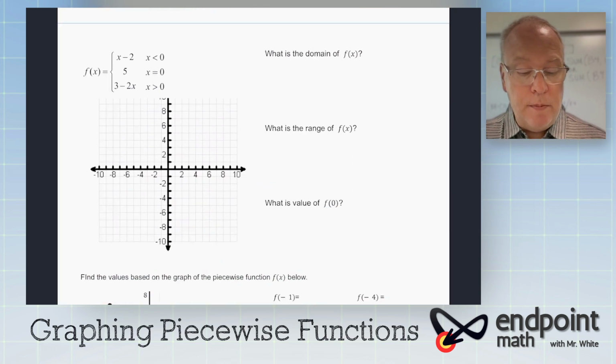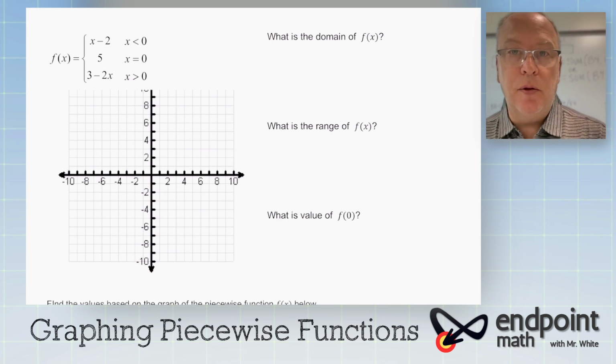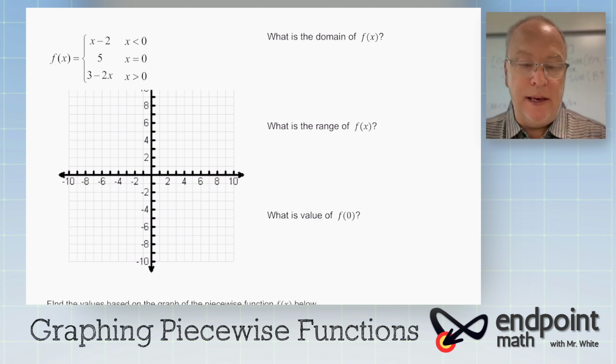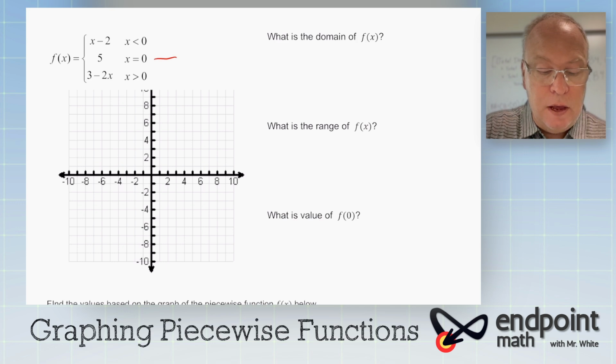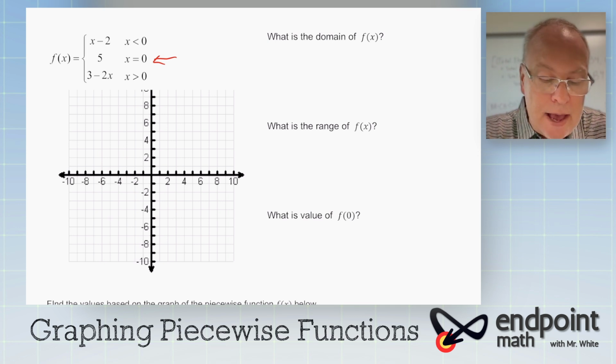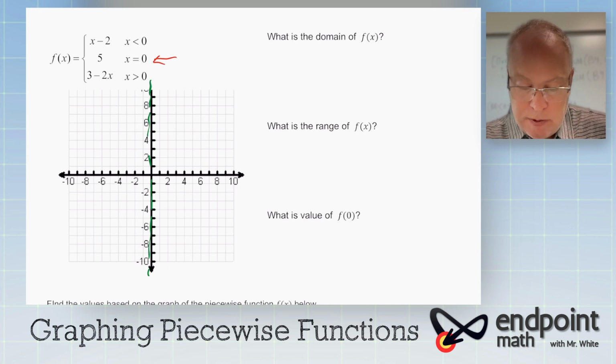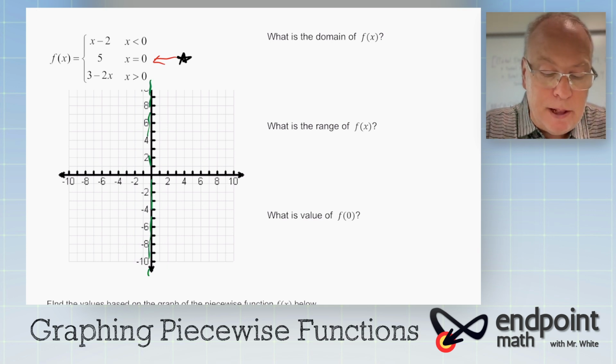All right, so that's graphing a couple of piecewise functions. All right, let's do one more here. This one has 3 pieces, and we'll try to go a little more quickly for you, okay? The middle piece is actually really easy. Do you notice that this is just when x equals 0? When x equals 0, we have a closed circle. So I'll use black for that one. This will be my black one, okay?